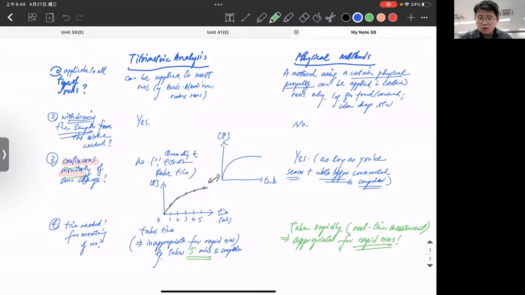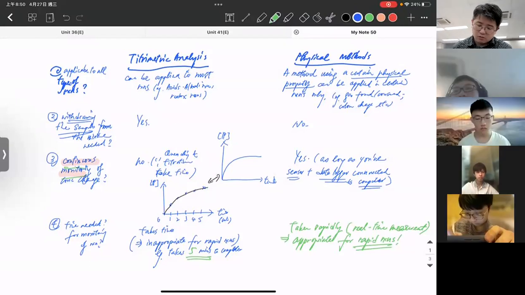Do you have some more? Yes. What is the equipment needed to carry out that experiment?